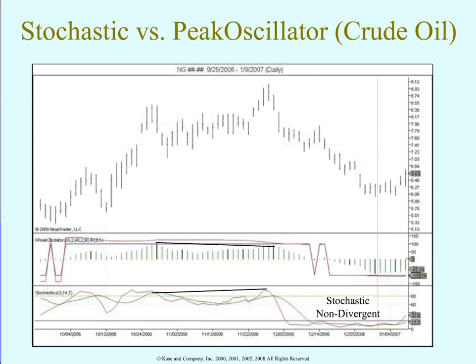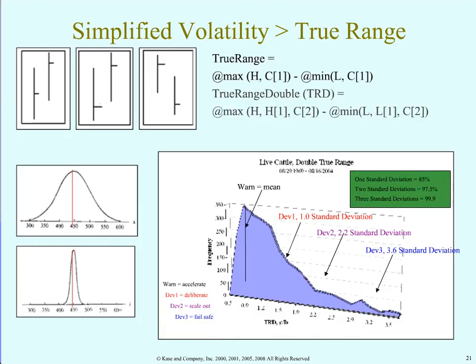And here is the same kind of thing, basically. Just shows you that the peak oscillator catches the turn at the top of the market, and then you've got the traditional indicator like the stochastic that doesn't catch it. So that's what that's all about.